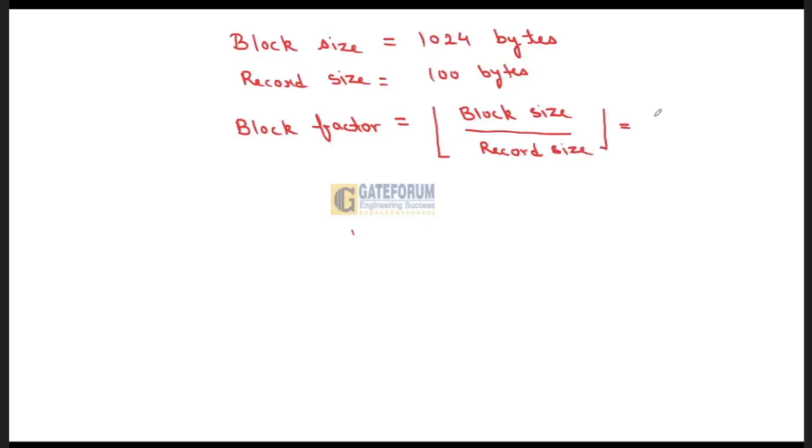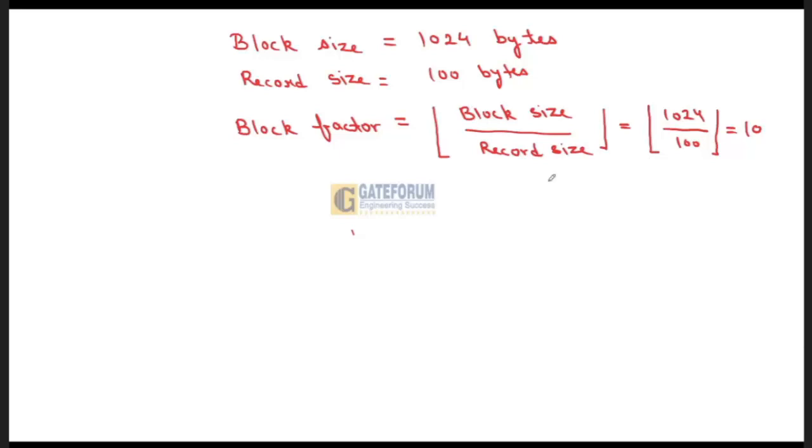Now what is the block size? Block size is 1024. What is the record size? It is 100. So it will come out to be 10 point something, and we have to take the floor value. So the block factor is 10. It means in a block 10 records can come.